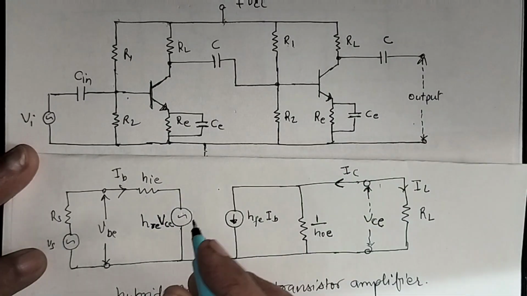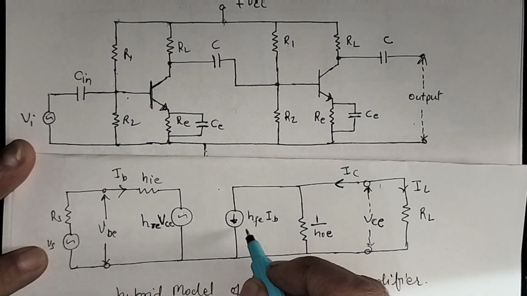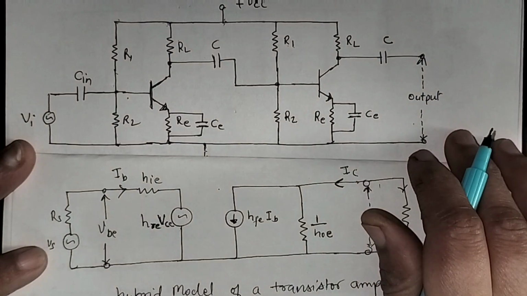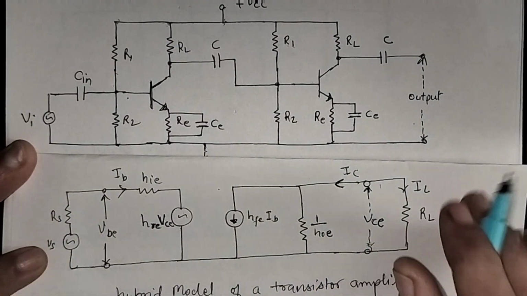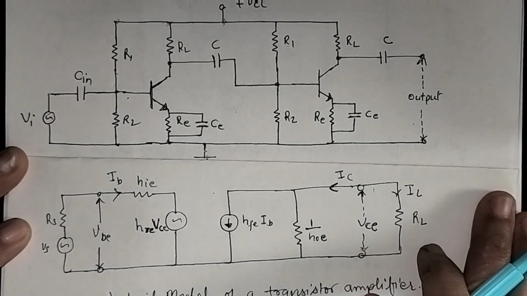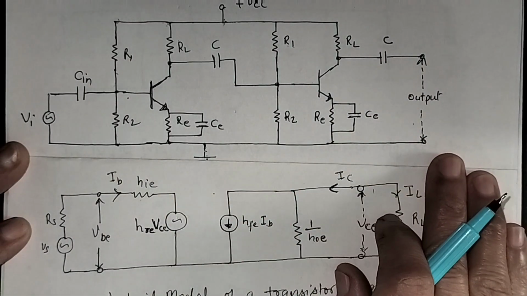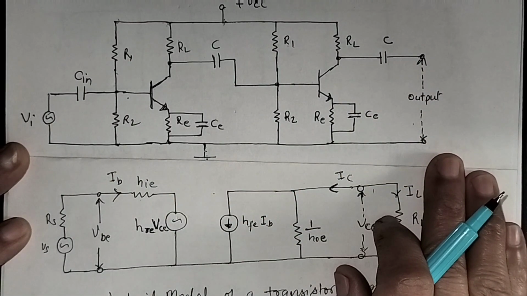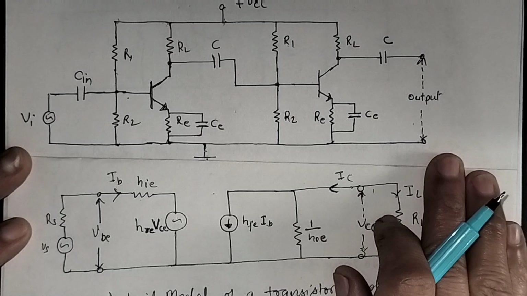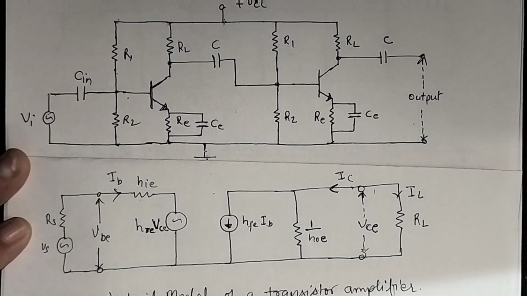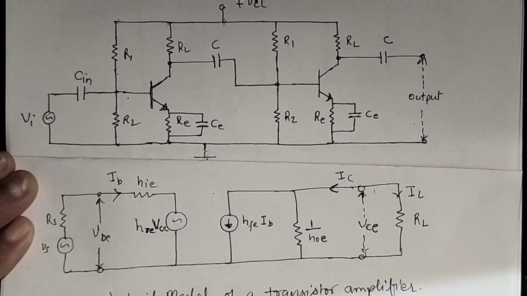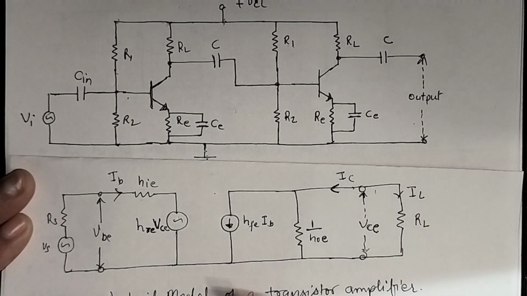So the input impedance is only shown. This is the voltage source and this is the current source. This is the output impedance of the transistor. For drawing the hybrid model of the transistor, go through my lecture on the hybrid model of a transistor. The link of that lecture is given in the description. Here I am discussing it very little.